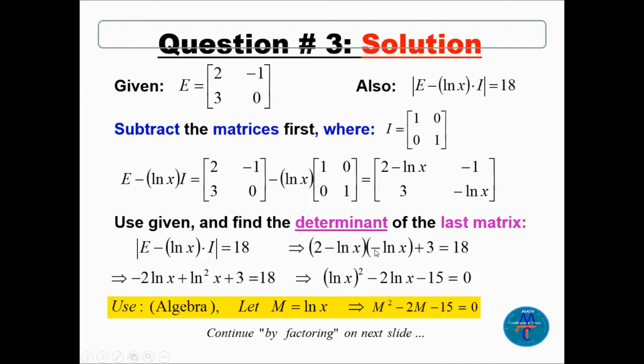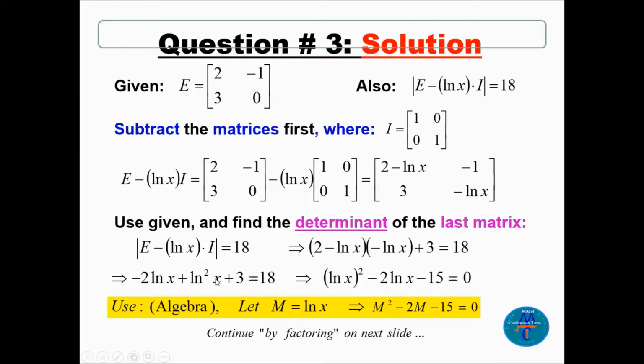So we multiply: minus 2 ln of x, minus with the minus becomes plus ln squared of x, plus 3 is equal to 18. Bring 18 to the other side, and then it becomes minus 15.